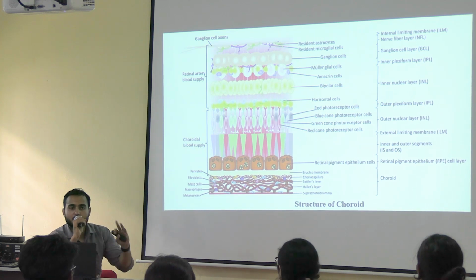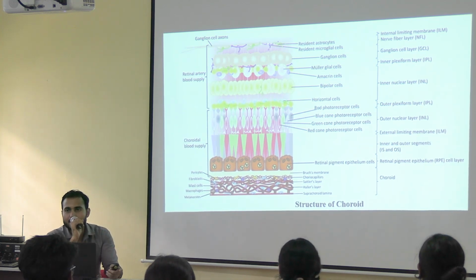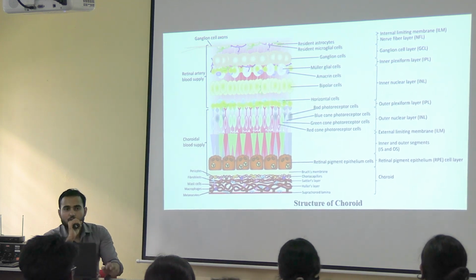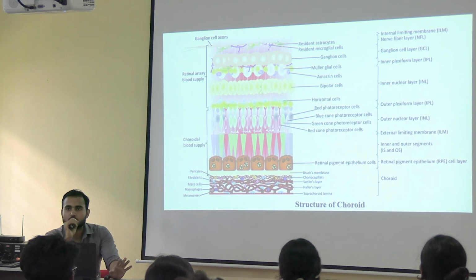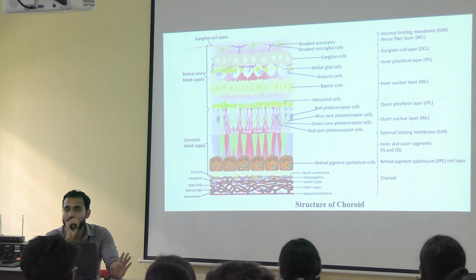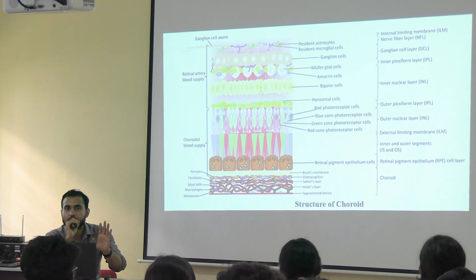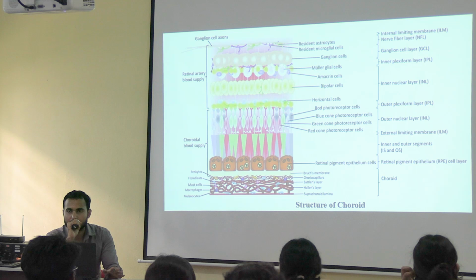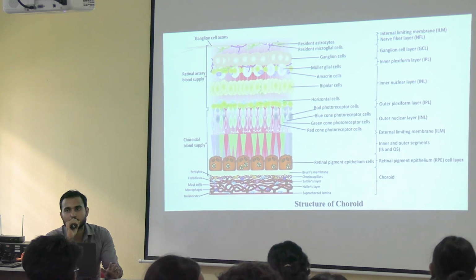For that, when we discuss the retina, I have an easy diagram. Whatever books you are following, you will see that the diagram of the microscopic structure of the retina is very difficult. But I have an easy diagram. I will share that diagram. Easily you can draw it in the practical notebook and even during the exam.